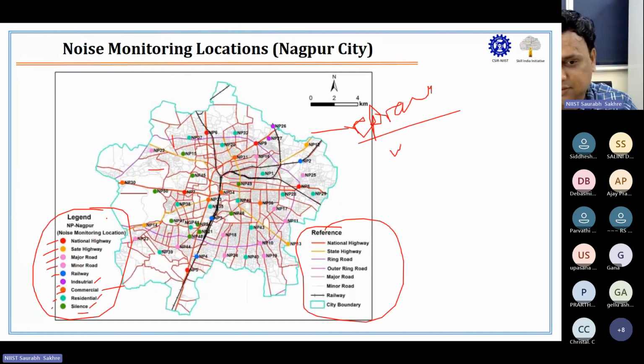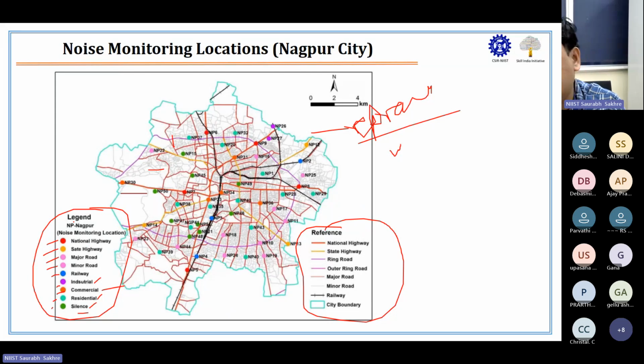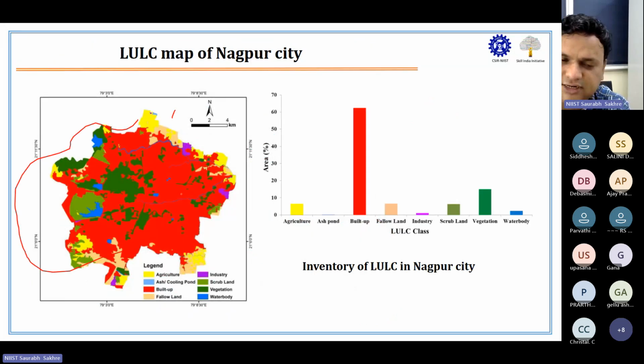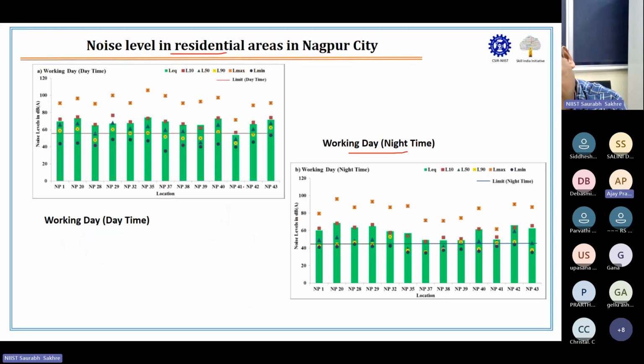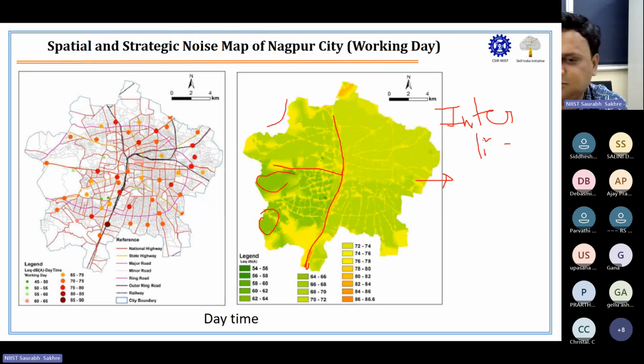Okay, it is collective. Like first I know that these are the base map, where are roads, and then based on the roads, I have decided my sampling location and I went with the instrumentation. I measured the noise. Then I have my land use land cover with me, so I know where are the residential areas, where are the vegetation, where are other things. And based on this, I have created one strategic noise map.